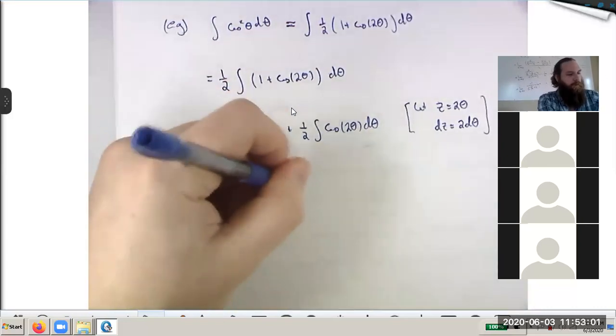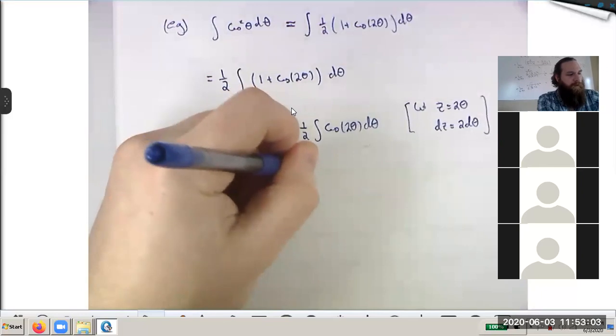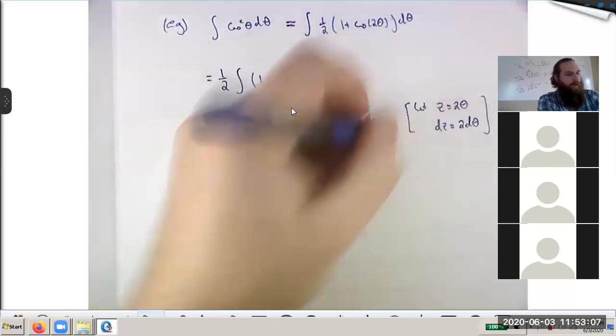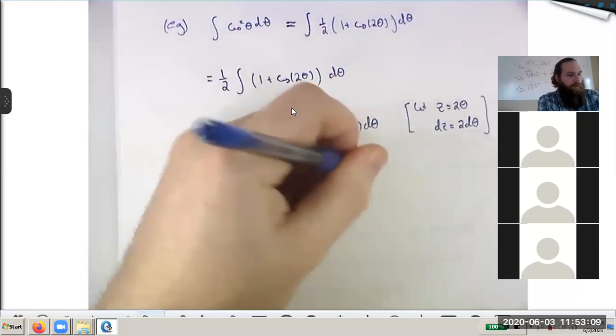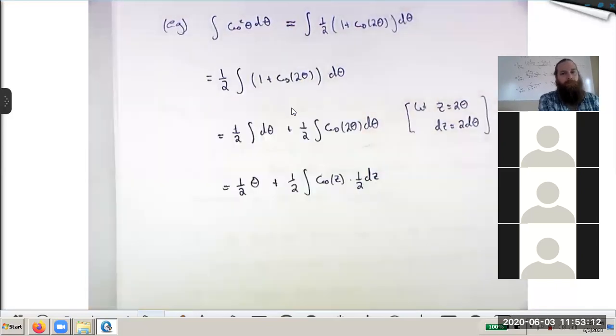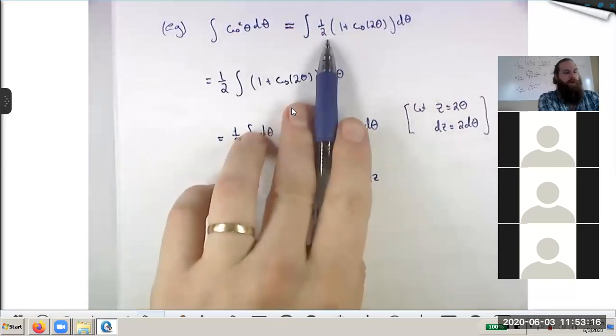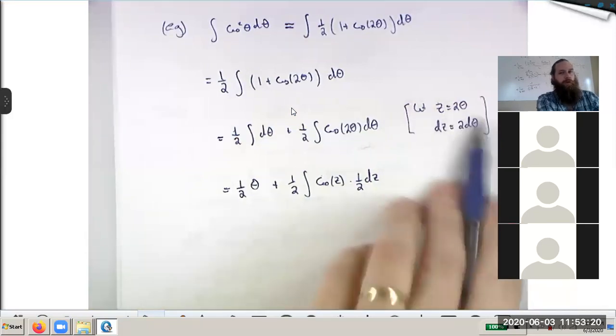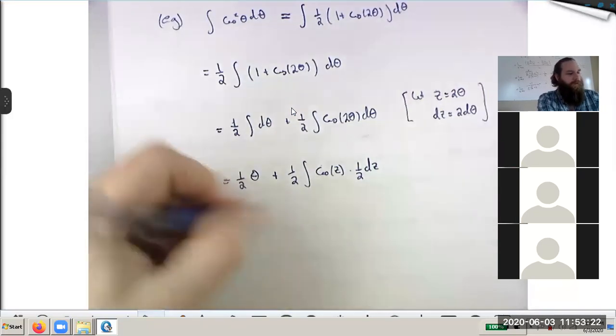Then I'll have plus 1/2 integral of cos z times 1/2 dz. So I'll get another 1/2 from the substitution. The first 1/2 came from the identity. This 1/2 is coming from the differential term in my substitution.